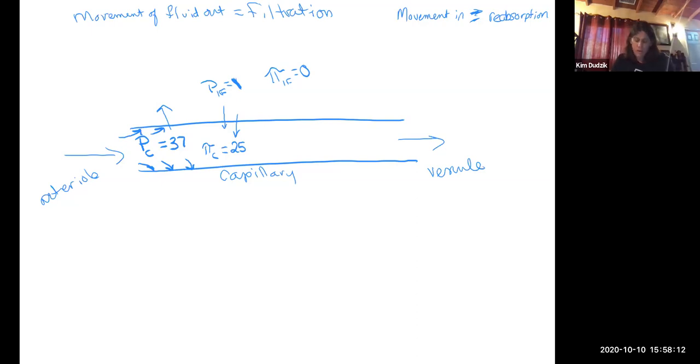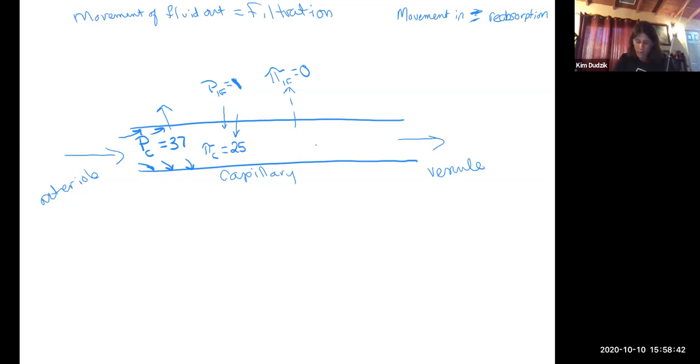So in the interstitial fluid, it's pretty much 0. But if it were there, it's going to want to draw fluid out. Because it's insignificant, I'm going to draw a dotted line. If there was an actual pressure, it would want to draw fluid out, because this would be hypertonic and this would be hypotonic, so water would want to move out.